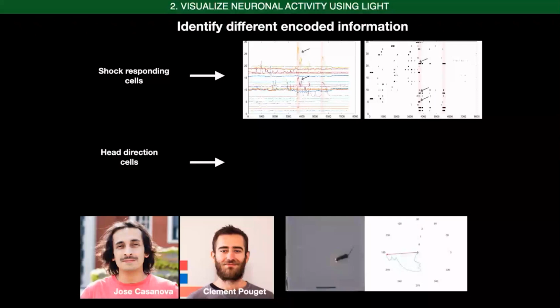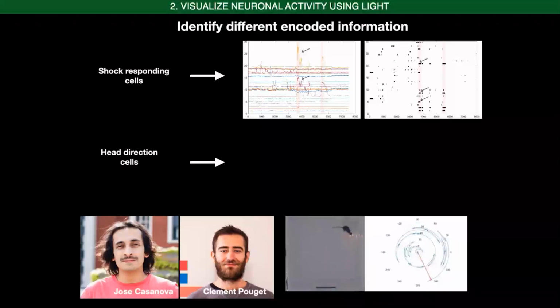This is just one example from my laboratory, from two talented postdocs in my laboratory, Jose, who left the laboratory this year, and Clément. What they did was to try to understand how neuronal activity correlates with a fear memory. So we train animals in different paradigms. For example, in this case, the animal is just freely moving in an open field.